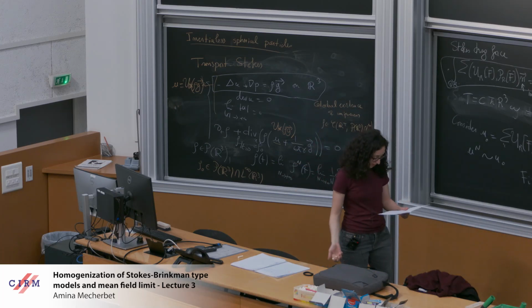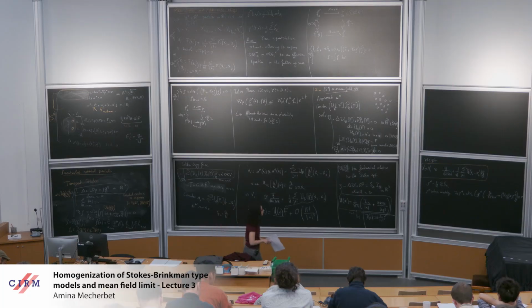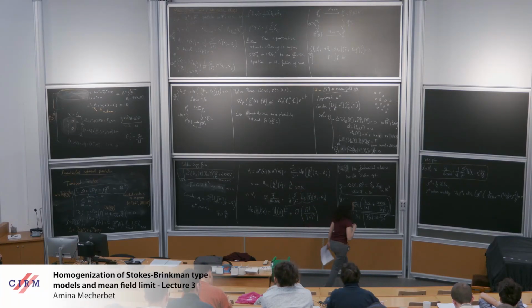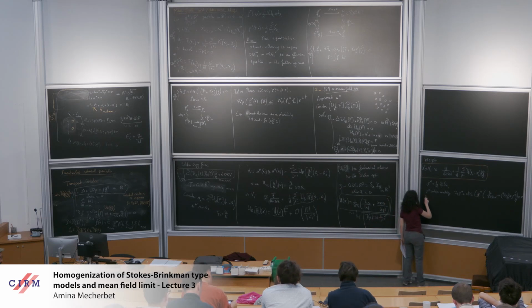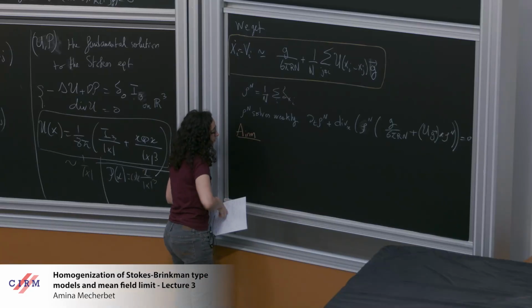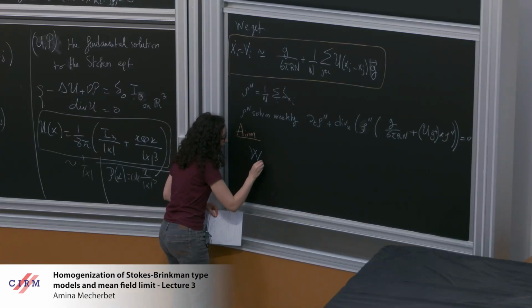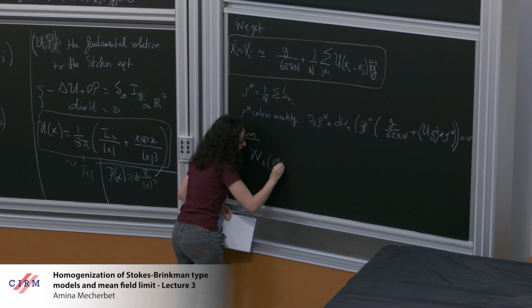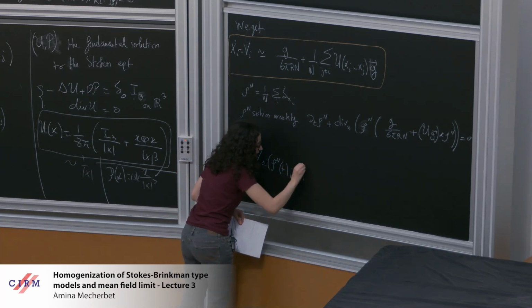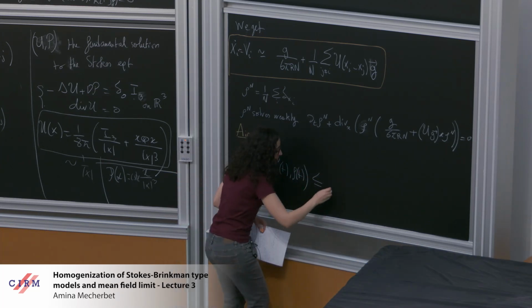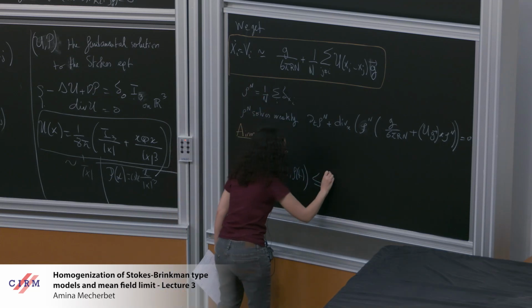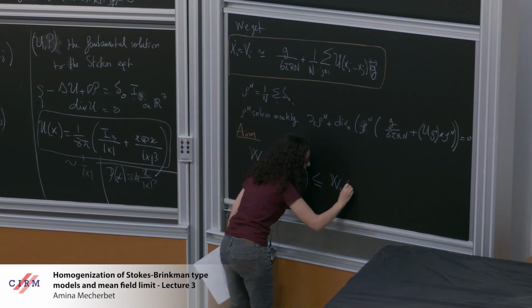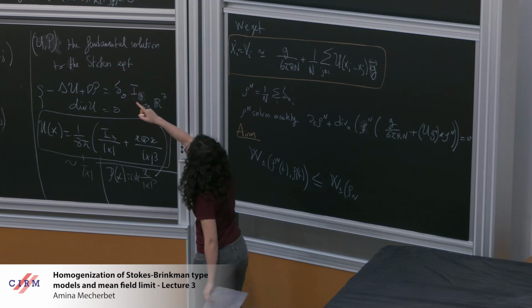So now the question is, how do we get such estimates? The aim is to prove that, for instance, in the Wasserstein 1 space, since this is an approximation, we don't get exactly what I wrote there.